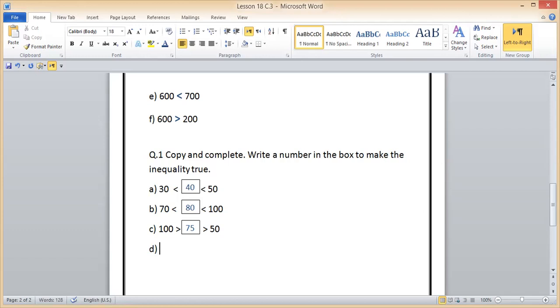D is 300 less than a number, less than 350.